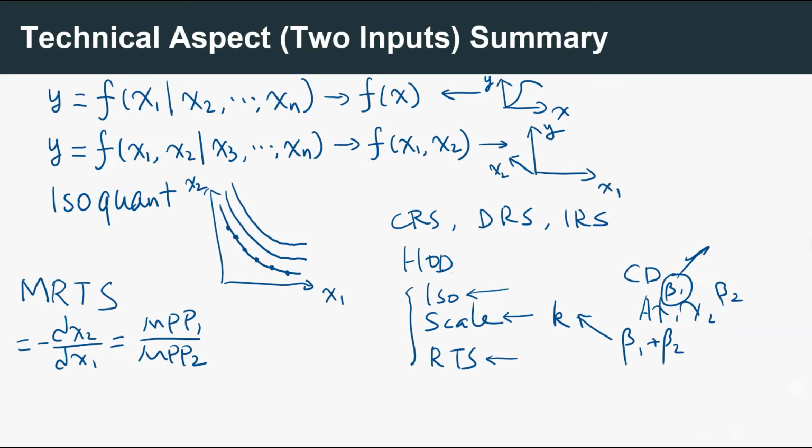So it's a really nice production function, and later on we will also spend time on this function for profit maximization problems. So those are the technical aspects of two inputs, and in the next lecture we will move on to profit maximization from the input perspective for two inputs.